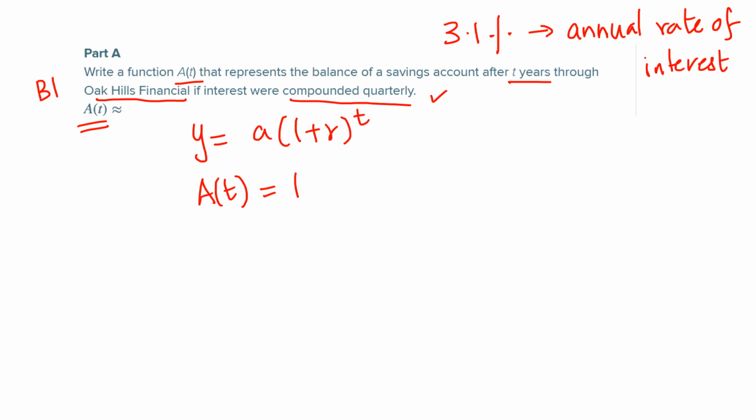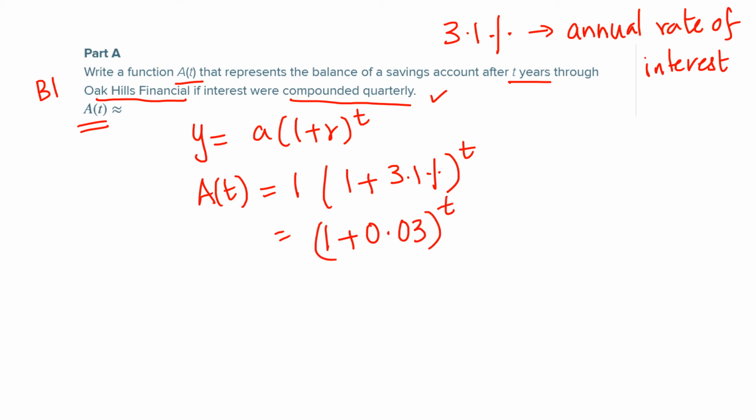So for ease of calculation, we take the initial amount as 1 again. 1 plus, let's plug in the values, so 3.1% over time. Again, the rate of interest has to be a decimal, so we are going to change it by dividing by 100, 0.031, which is good enough. Just add 1 to it, and you get 1.031.